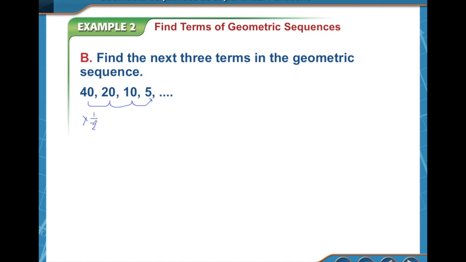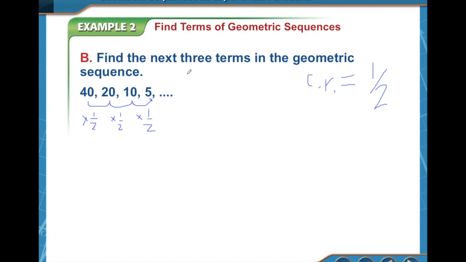Because 40 times 1/2 gives you 20. 20 to 10 is also times 1/2. And then 10 to 5 is also times 1/2. So it looks to me like we have a common ratio, or a CR, of 1/2. In other words, to get from one term to the next, we must multiply by 1/2. That is our common multiplier.